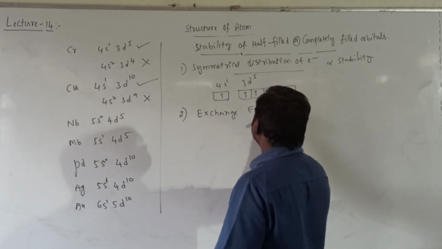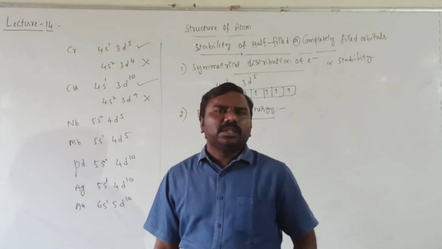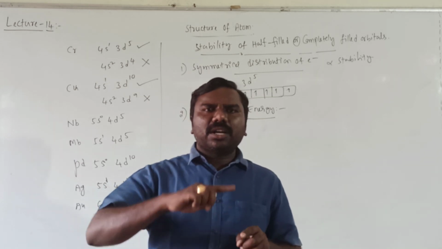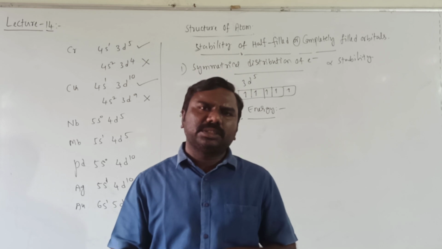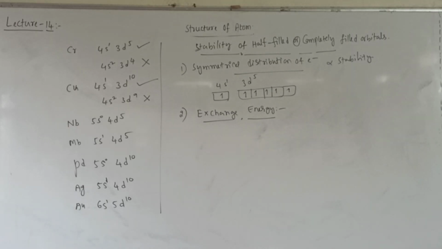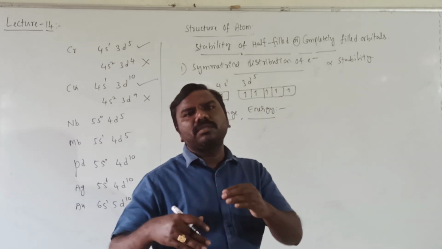Next, the second one is exchange energy. Exchange energy means, in a configuration with half filled or completely filled orbitals, the electrons tend to exchange their positions from one position to another. While exchanging, energy is released.